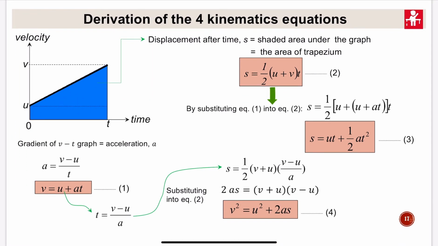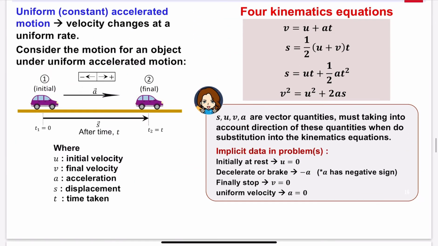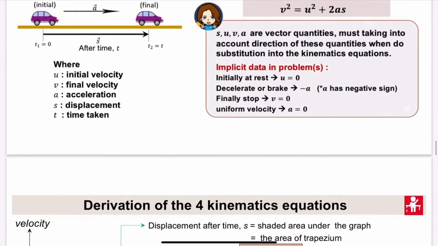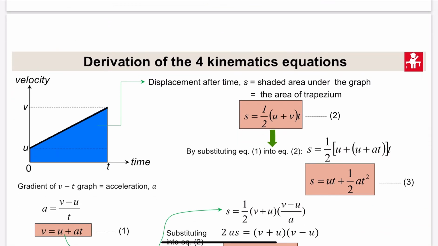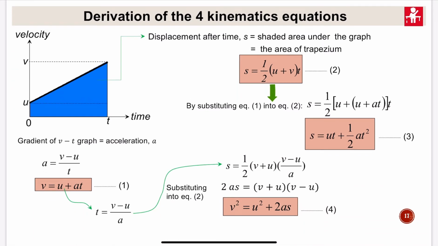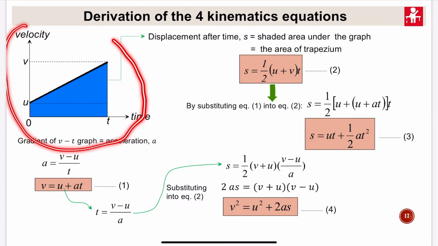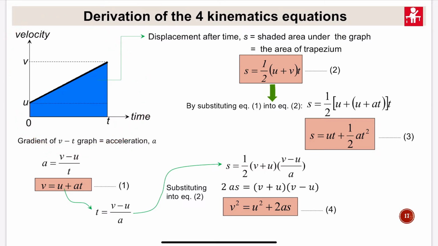For this video I would like to teach you about the derivation of the four equations here. So how to get the formula, how to derive the formula. Basically, we derive the equation from a velocity time graph.